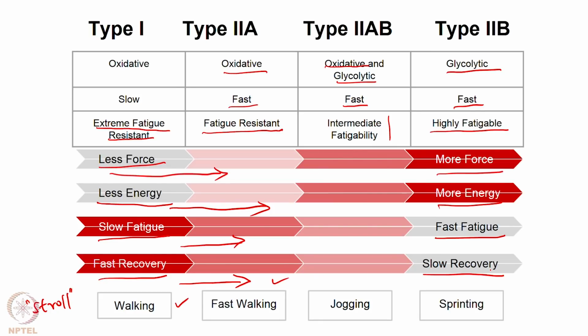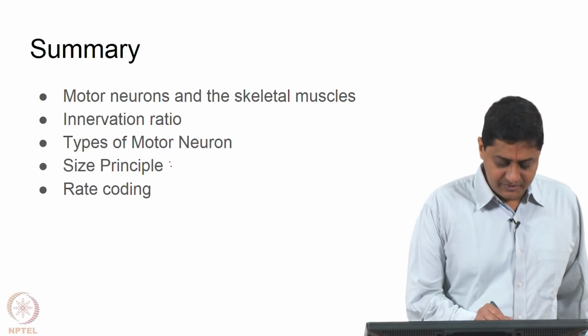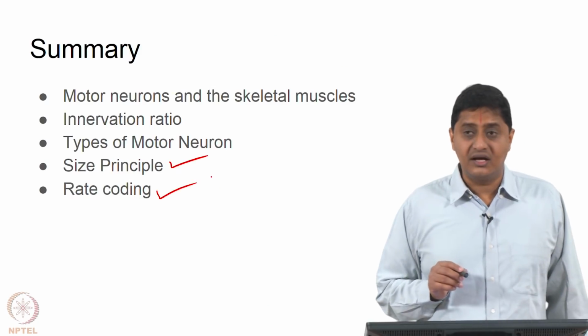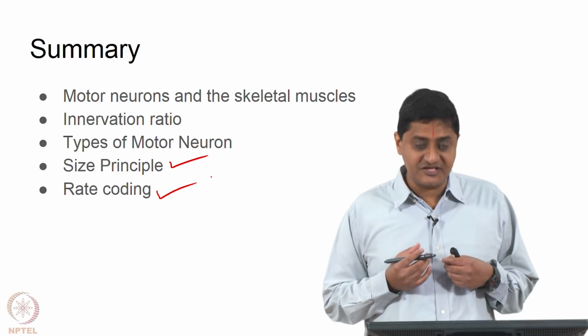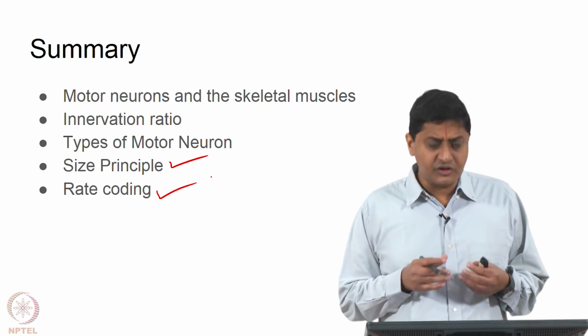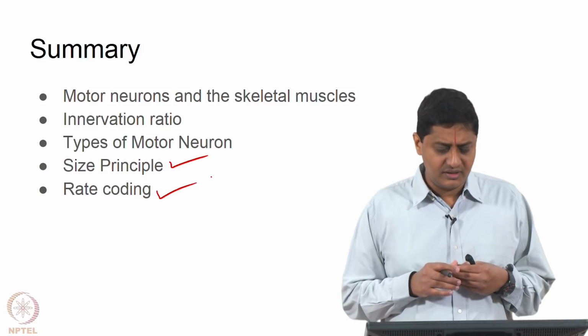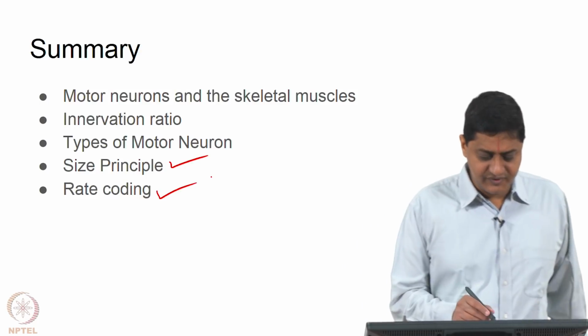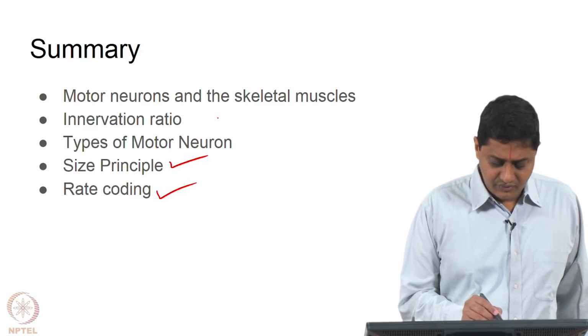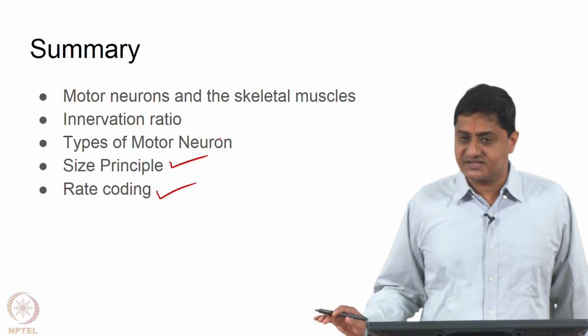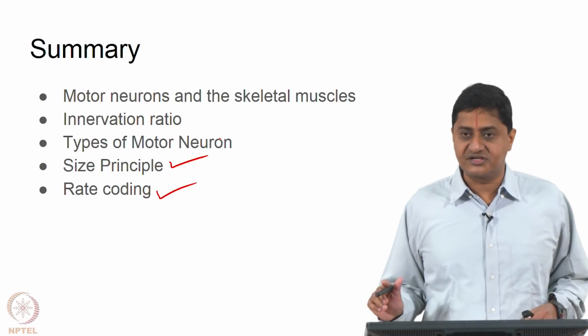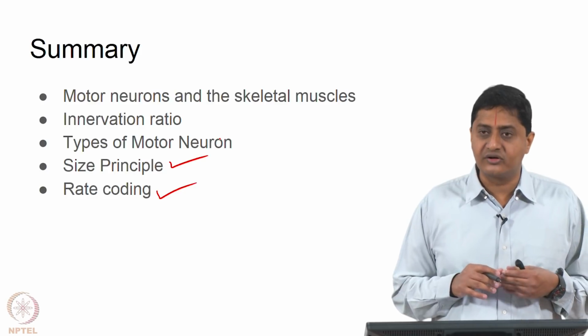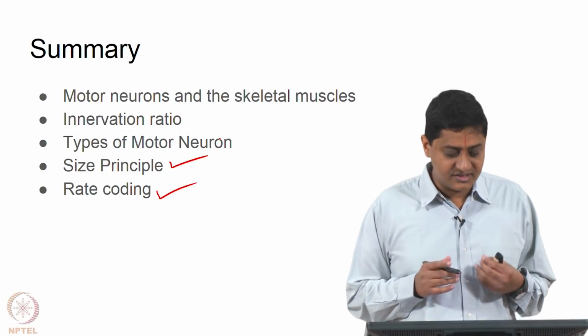What we need to see in future classes: the size principle, rate coding, and the implications of the size principle and rate coding for control of movement and so on. We also will have to discuss other things concerning motor unit functions, such as electromyography and how to process electromyography signals.